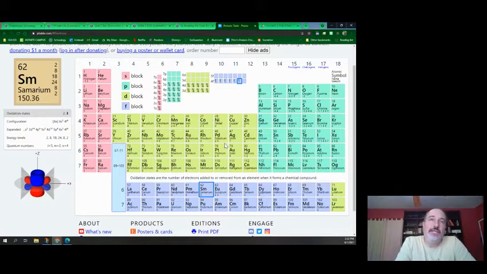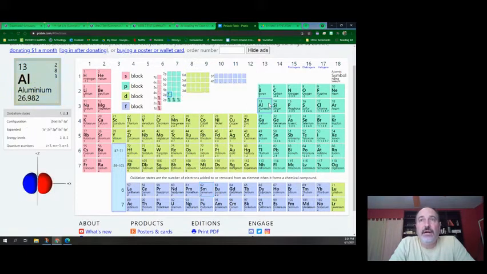Now, the way the configurations work is that all of the lower orbitals have to be filled up before the higher ones can be filled in. And each orbital can hold a maximum of 2 electrons. If it is an s, it can hold 2 electrons.